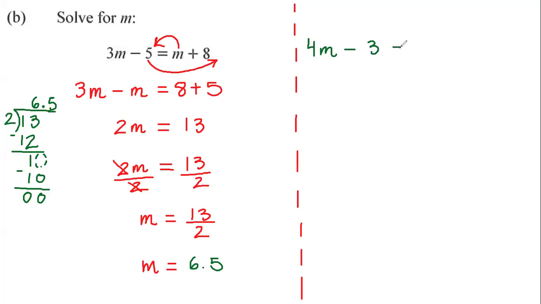It's equal to M plus 9. So 4M minus 3 is going to be equal to M plus 9.